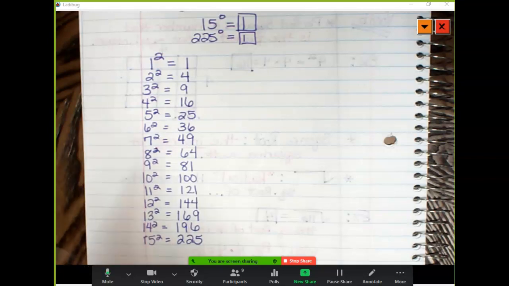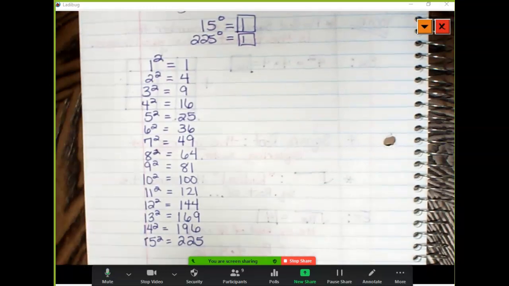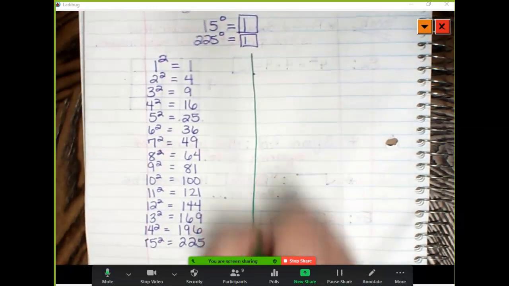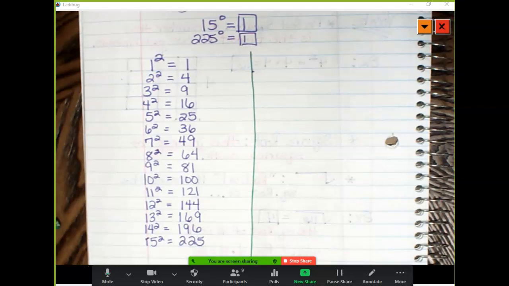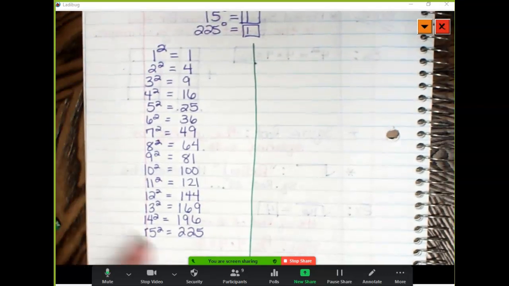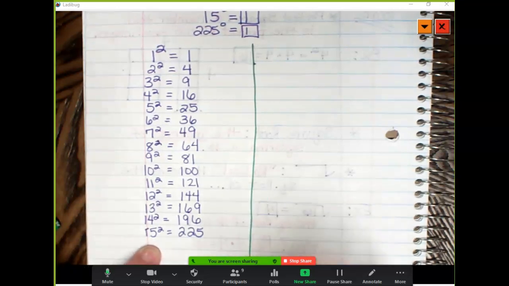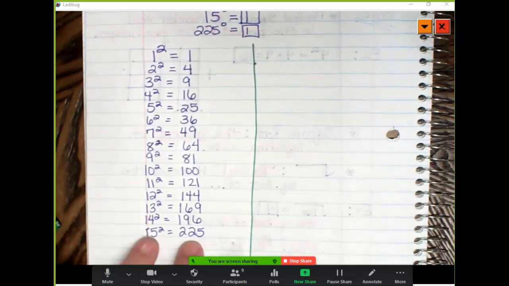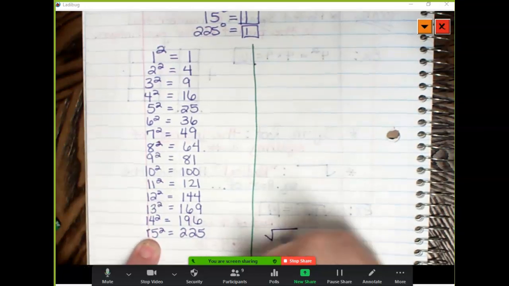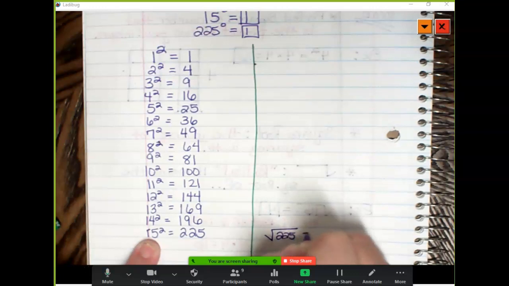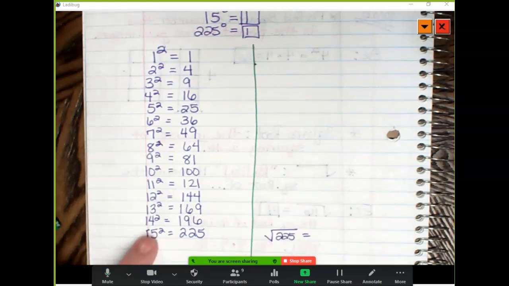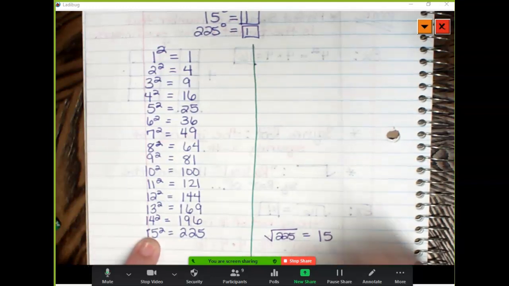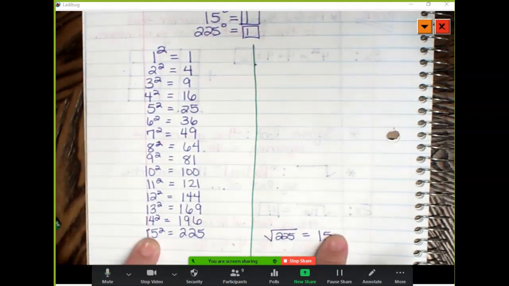Okay, so now we have all of our perfect squares. Now let's write the fact family for square roots. I'm going to start at the bottom. We're going to go backwards this time. So if I know this is a fact family, 15 squared is 225. What would the square root of 225 equal? It would equal 15, because 15 times 15 is 225.